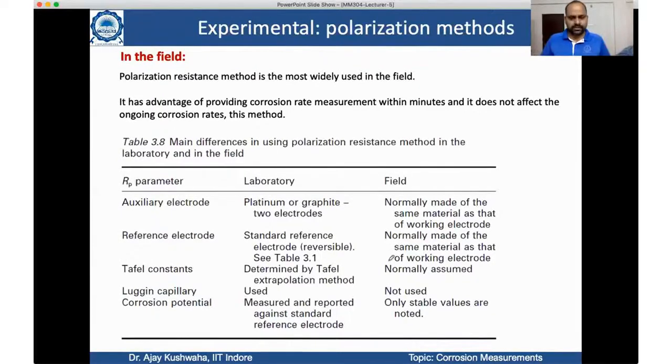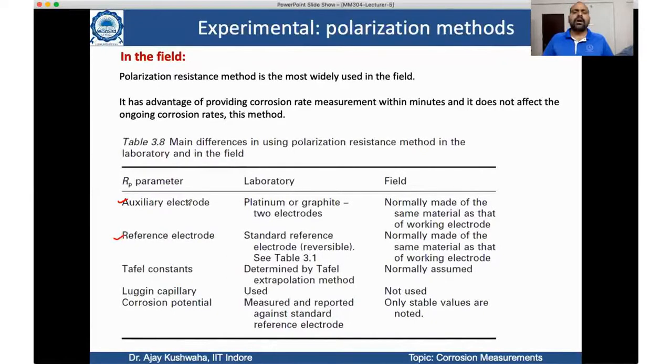Then the next point is the reference electrode. In the laboratory, we generally require a standard reference electrode such as the saturated calomel electrode, the AgCl electrode, or many others.